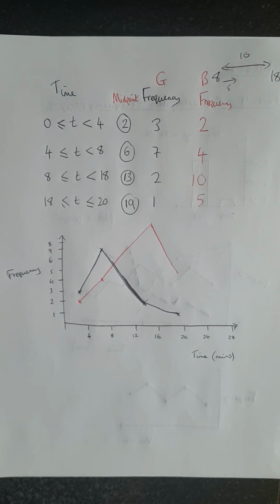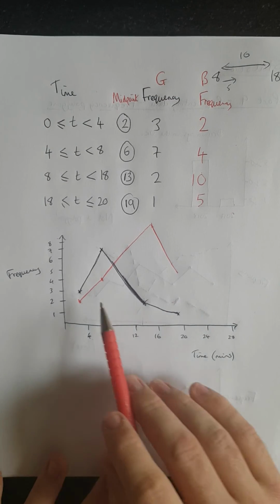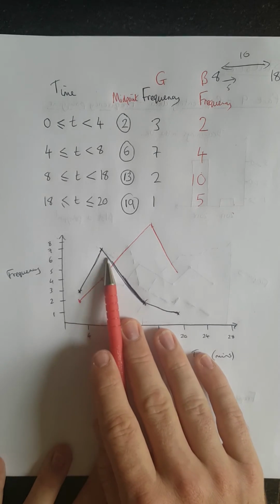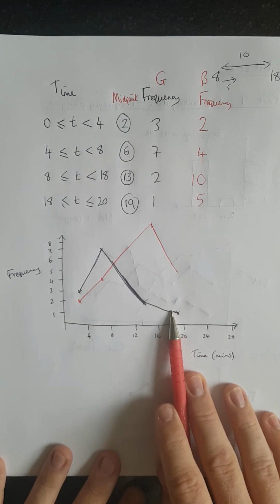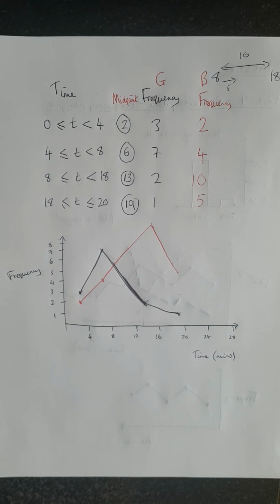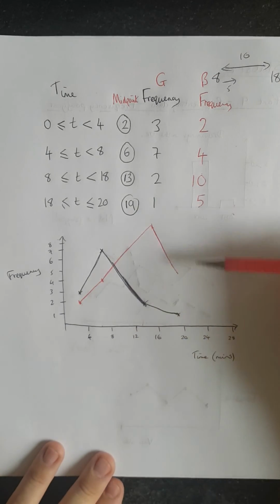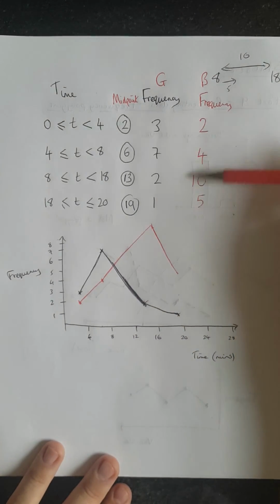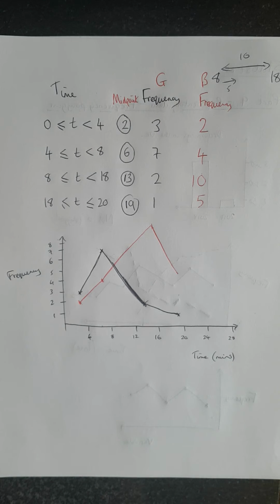So what you've got here is a very different distribution, a very different graph. You can see girls tend to be short and then tail off. Boys tend to be much later or take longer. So it's a good visual way of showing what I described here in words and what you spotted, well done, about girls versus boys.